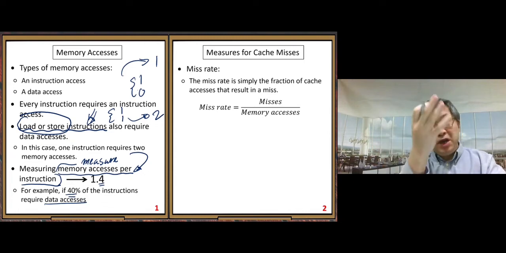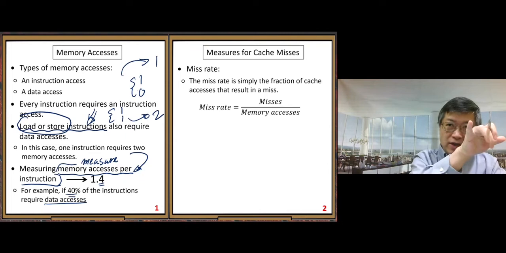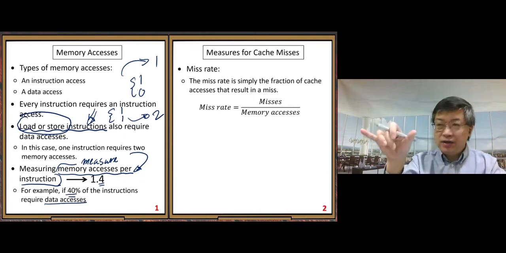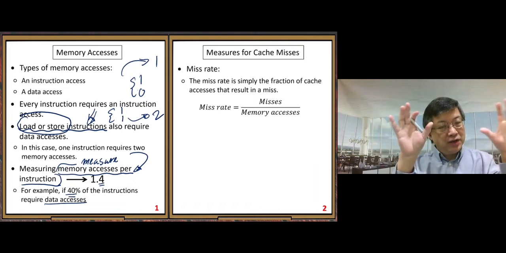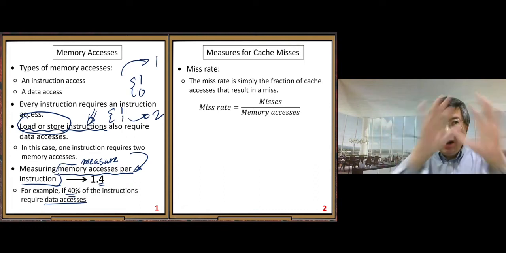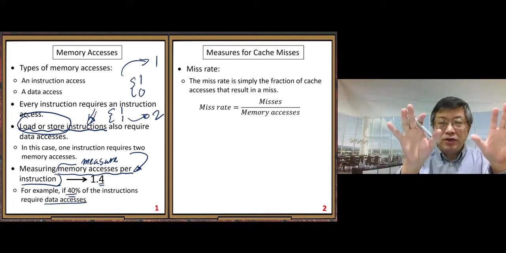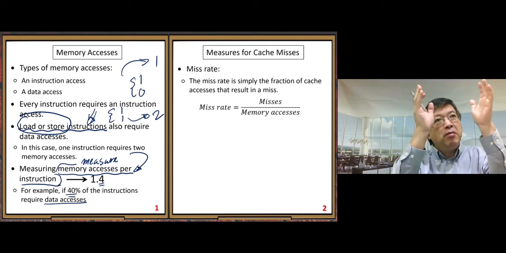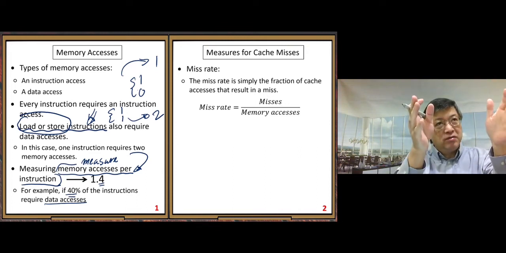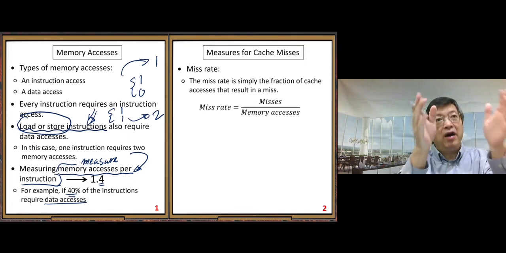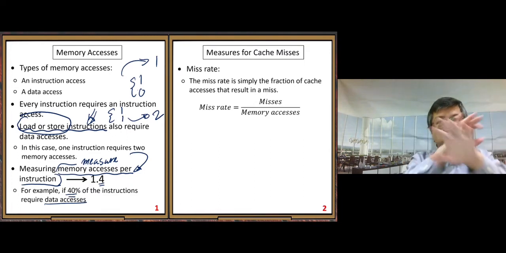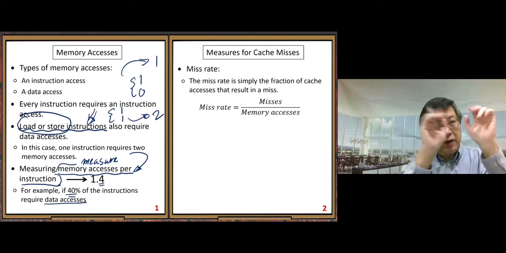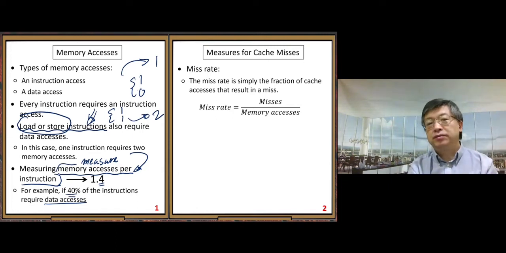Now you know the meaning of memory accesses, containing instruction accesses and data accesses, the total number of memory accesses. That's the denominator. Among those memory accesses, how many are cache misses? Use that number as the numerator, and you get the miss rate definition.